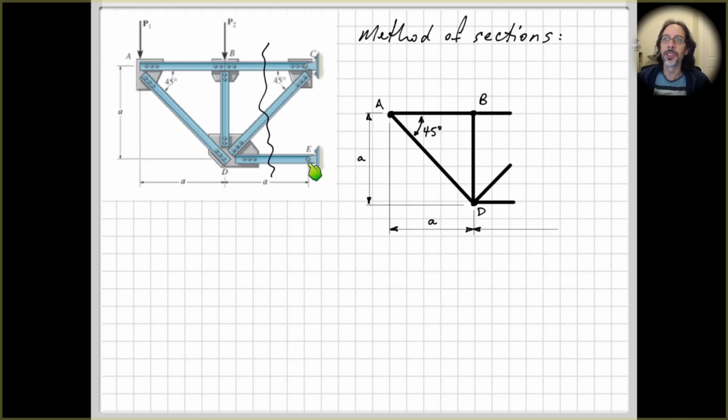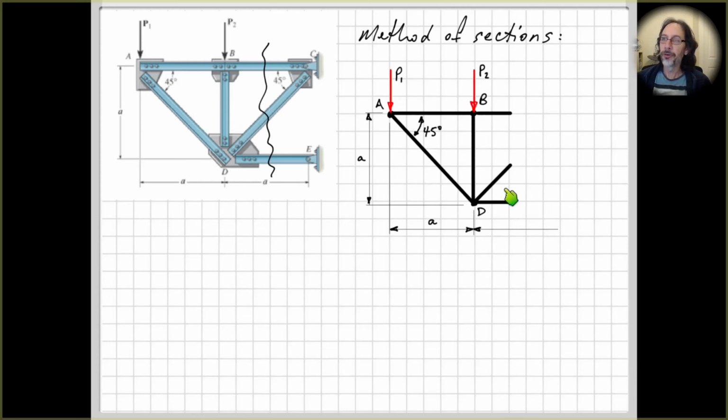By taking a cut through these 3 members, we've got some loads out here. We can calculate our unknowns. But in a real practical problem, you'll never just want to know the force in only 3 members. You want to know the forces everywhere, right? So you've got to do the whole truss. But anyway, let's do now the method of sections on this bit.